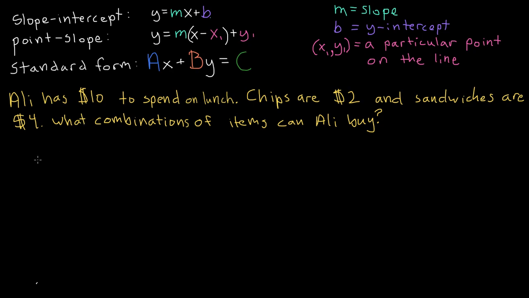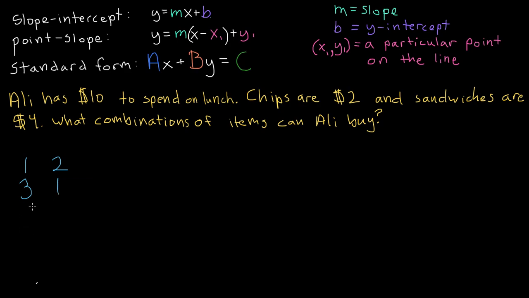So if Ollie bought one bag of chips, that would cost $2, and so then Ollie would have $8 left over to spend on sandwiches. So he could buy 2 sandwiches with those $8. If Ollie bought 3 bags of chips, that would cost $6, and so then Ollie would have $4 left over to spend on a sandwich, and that would allow him to buy 1 sandwich.